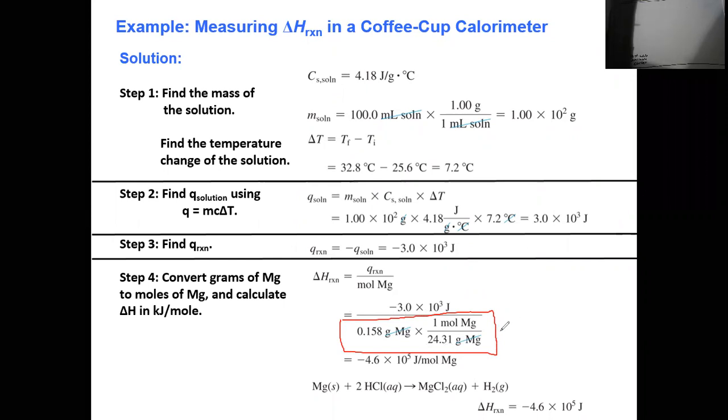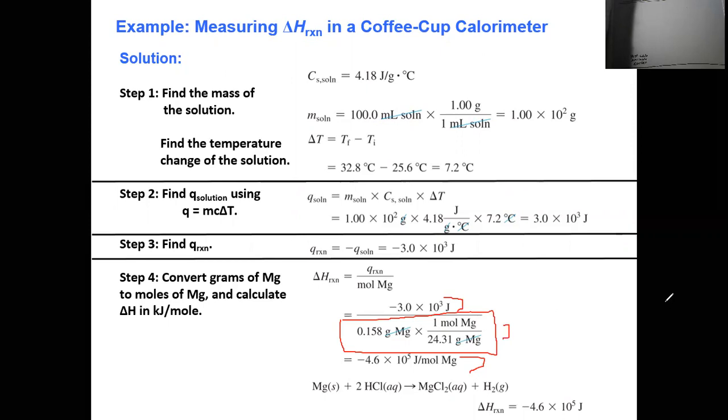Okay, and once you find that mole value, then you can take negative 3.0 times 10 to the 3 joules and divide it by the moles. All right, and when you do that, this is your delta H value then. Negative 4.6 times 10 to the 5 joules per mole of magnesium.